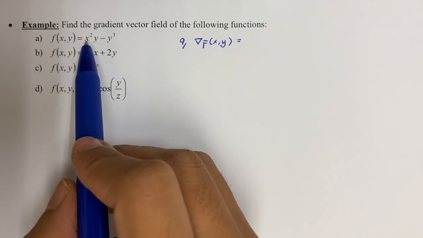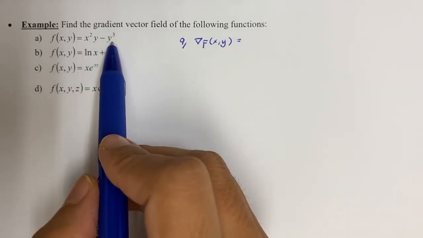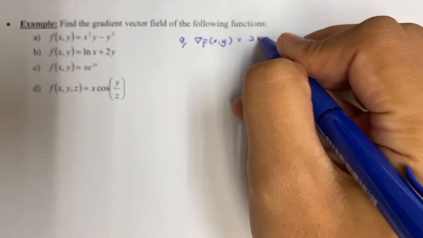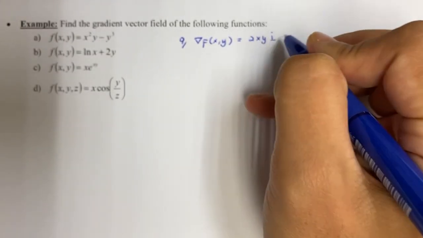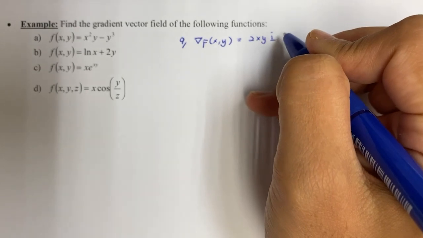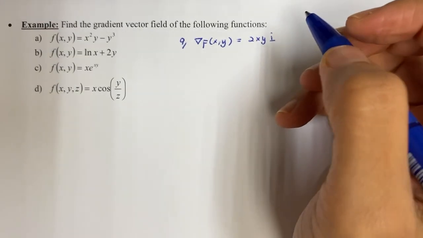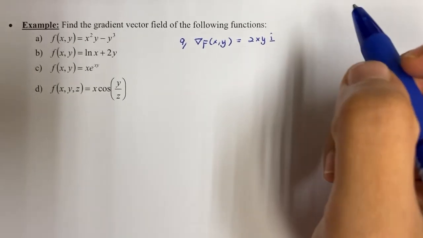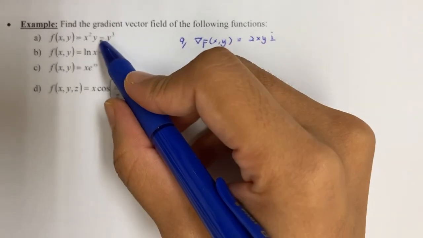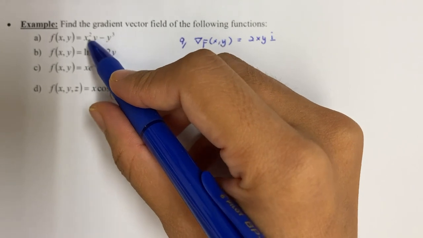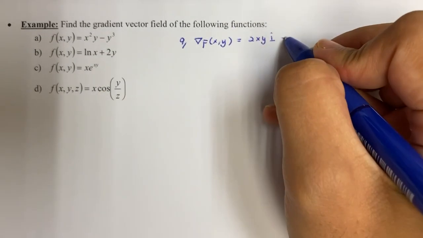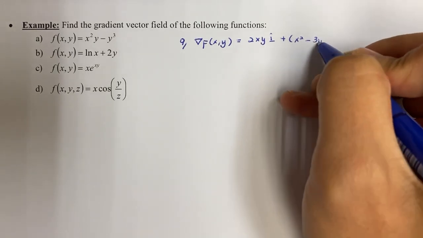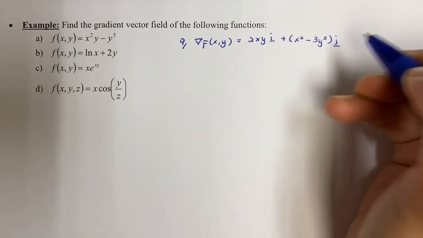For this one you have 2xy, and this one you have 0. So you have 2xy for i. And then for j, you differentiate with respect to y, so you have x squared minus 3y squared for j.